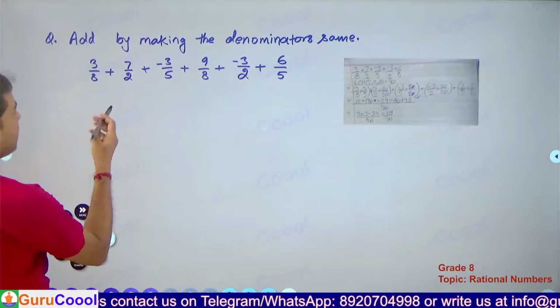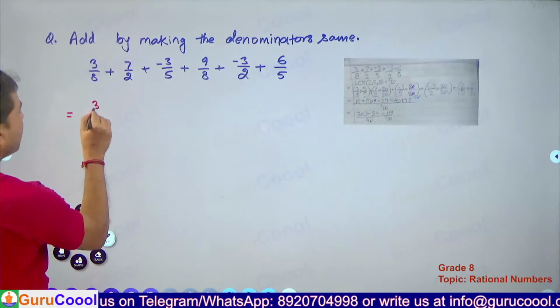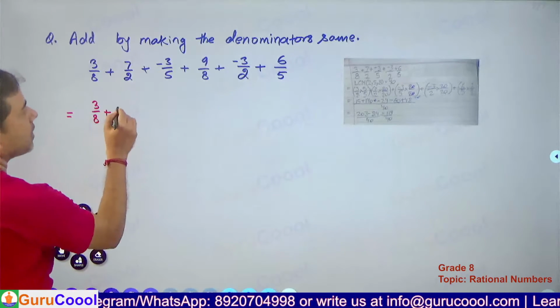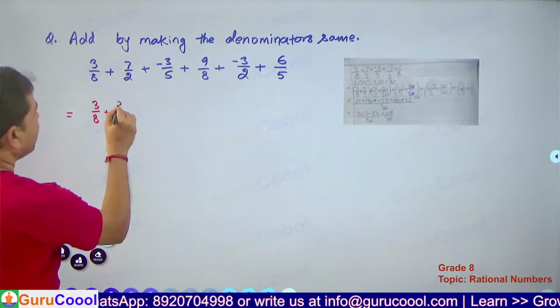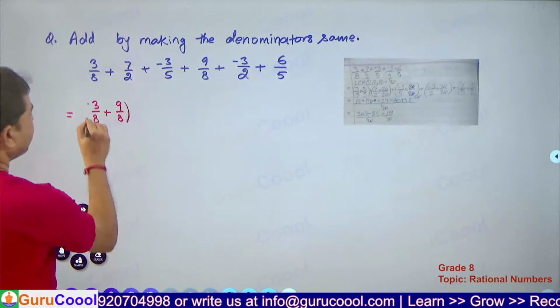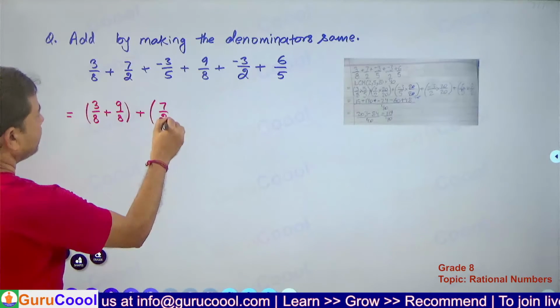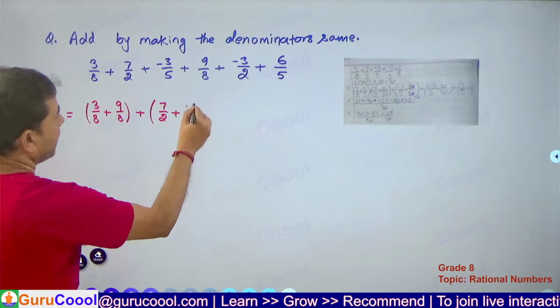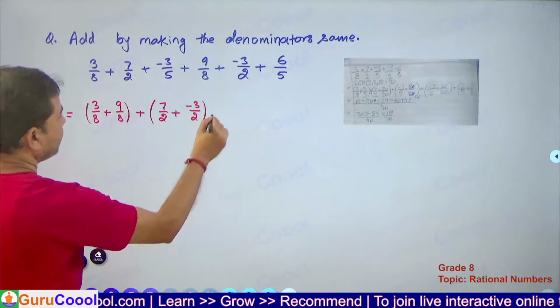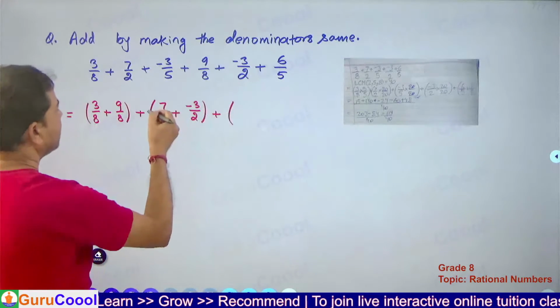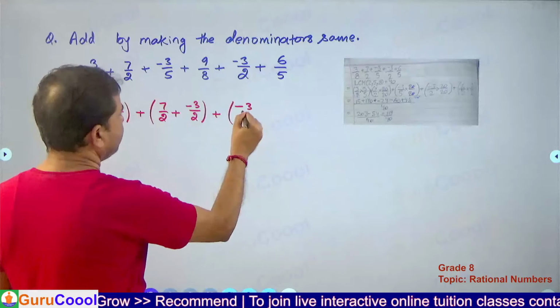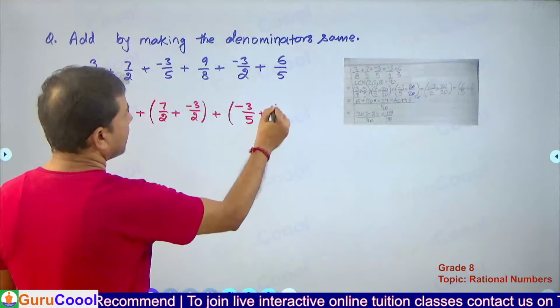The next step should look like 3 by 8 plus 9 by 8. Second bracket 7 by 2 with minus 3 by 2. And the third bracket minus 3 by 5 with 6 by 5.